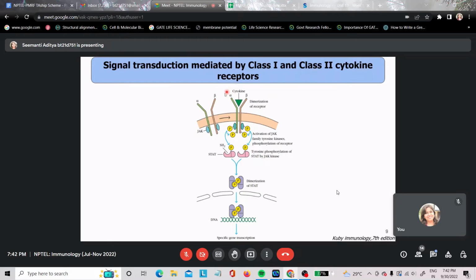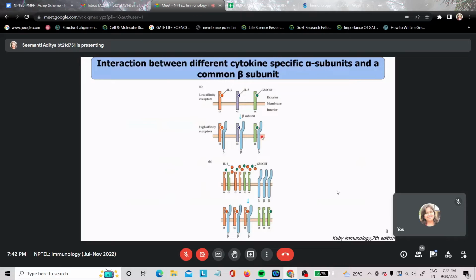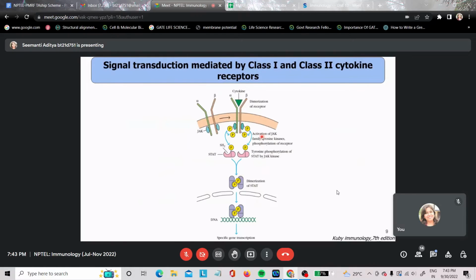So here we will see how the signal is transmitted or transduced by class 1 and class 2 cytokine receptors. So yeah, there are different kinds of receptors: class 1 receptors, class 2 receptors, class 3 receptors, based on the different kinds of cytokine families. So all of these cytokine families have different receptors. So we'll look into an important pathway of how the signal is transmitted by class 1 and class 2 cytokine receptors.